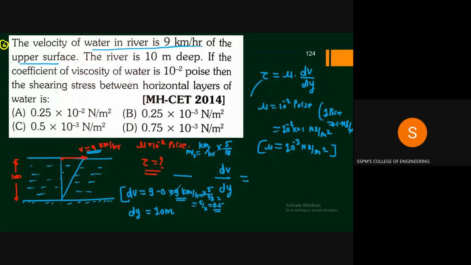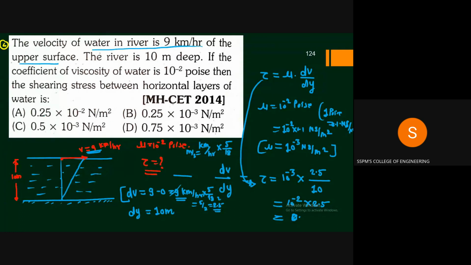Now refer directly to the equation for tau. Mu is 10 to the power minus 3, dv is 2.5, this is in SI unit so this is meter per second, and dy is 10 meter. So 10 to the power minus 3 into 2.5 divided by 10.